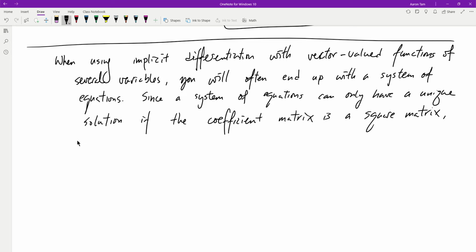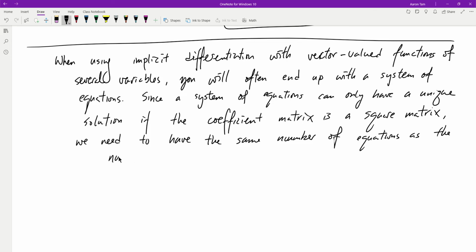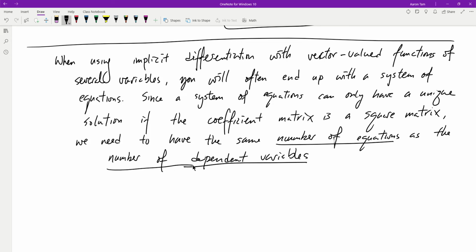And this is what we need to know. We need to have the same number of equations as the number of, very important right here, dependent variables. So therefore, the number of equations we need is dictated by the number of dependent variables that we have. So the more dependent variables we have, the more equations we need.